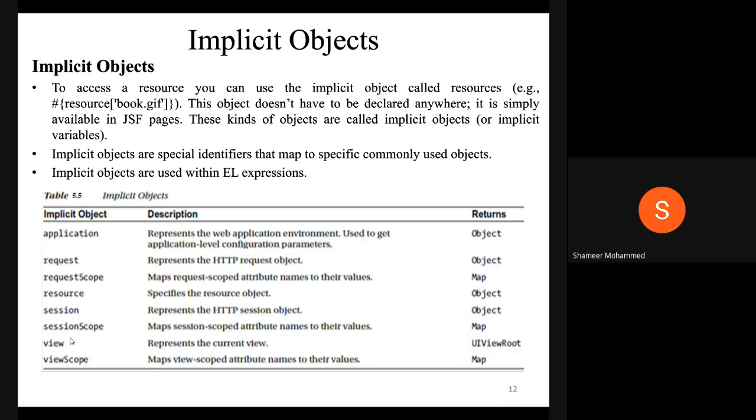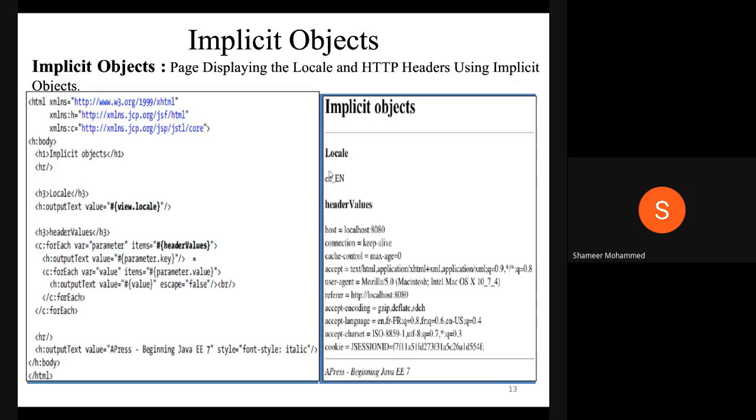We use this object to print the locale or to print the header values. What is my server IP address? What is the port number? How long am I accessing the page? What is the certificate? What is the cookie? Session ID? Which language does it accept?